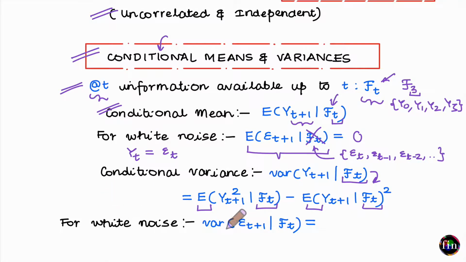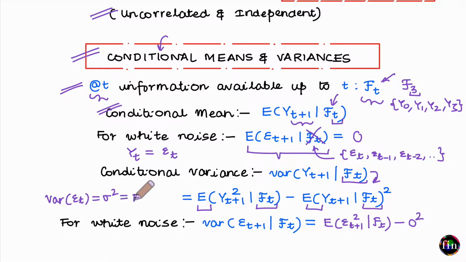What do we get? The variance of epsilon t plus 1 given you have recorded information till t would be equal to the expected value of epsilon t plus 1 squared given the entire information till t, minus this guy, the whole squared, and this we know is 0, so 0 squared. Now I know that the variance of epsilon t is equal to sigma squared.